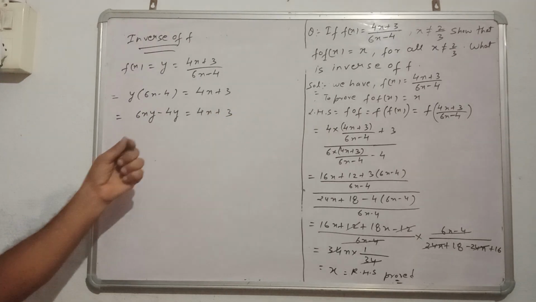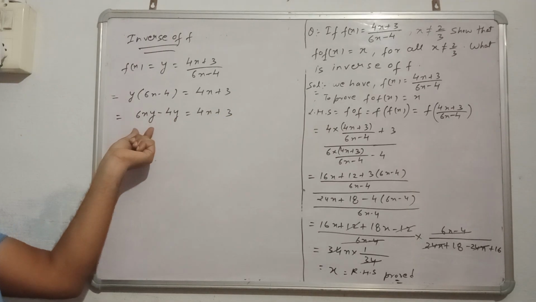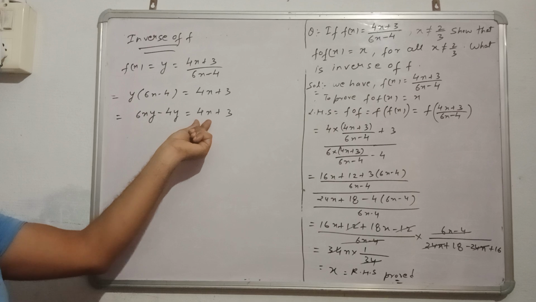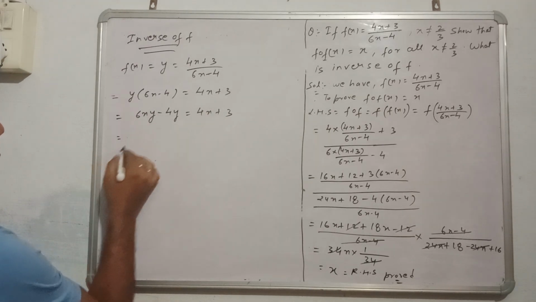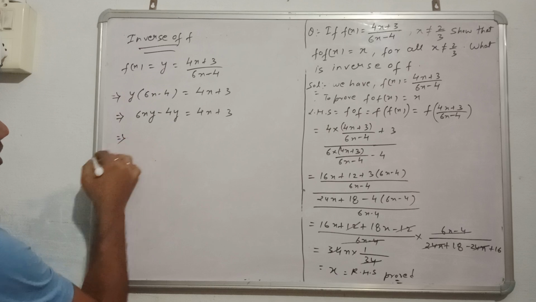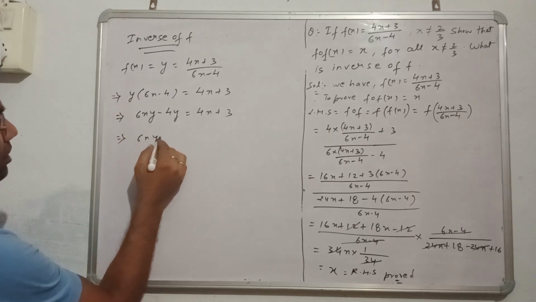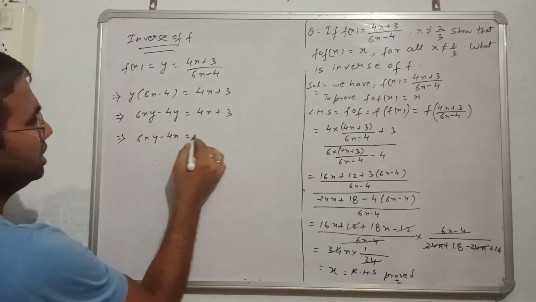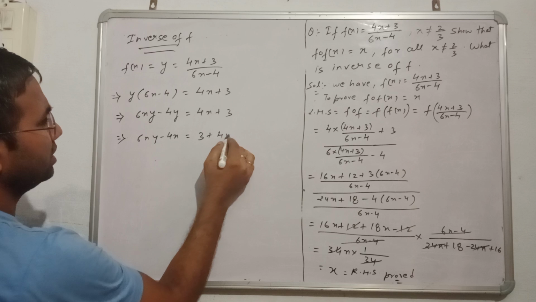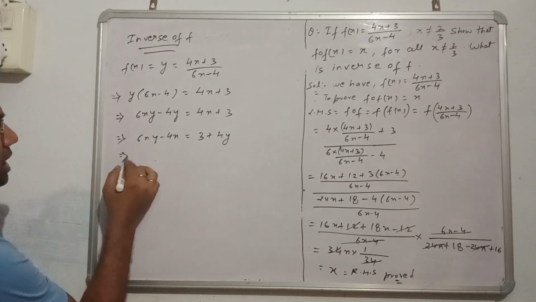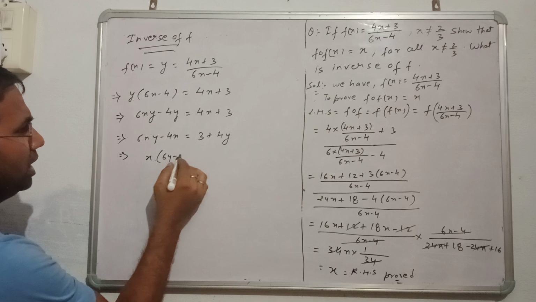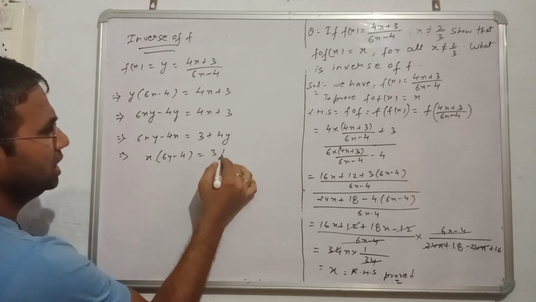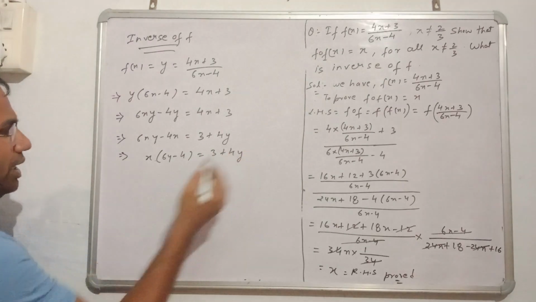Okay, now see, here x term is there, here x term. So take x terms this side and the other terms that side. So what will come? 6xy minus 4x is equal to 3 plus 4y. Now see here in this x is common. So take x common. So 6y minus 4 will come, 3 plus 4y.